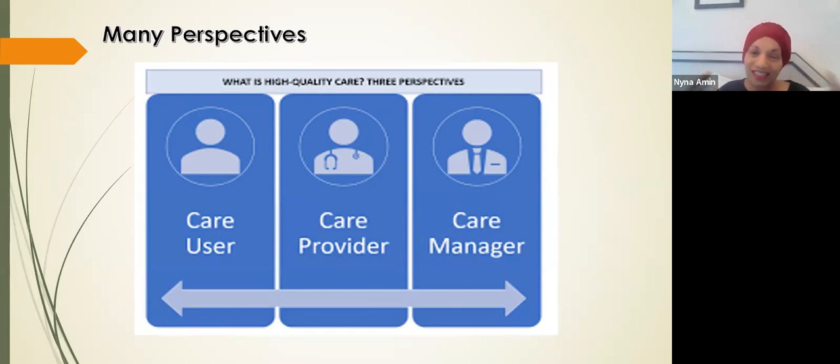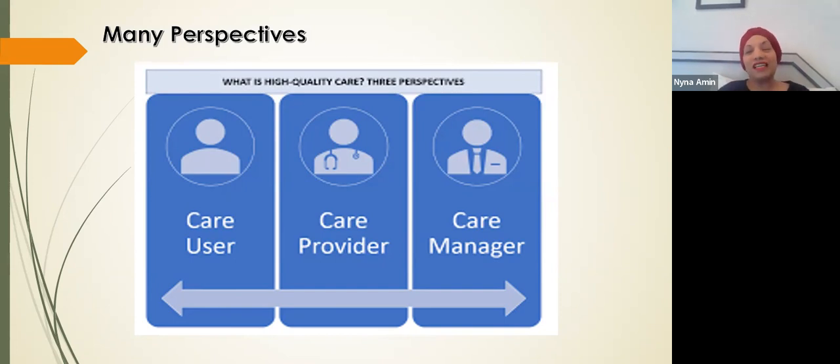We could do a study just on the care user, so that means on the patients, or just the care providers, those who dispense it, or the person who's overall in charge of a center where medical care is provided. Or we could say, I want to look at the relationship between the care user and the care provider.